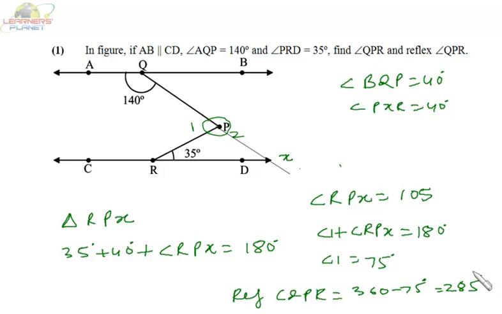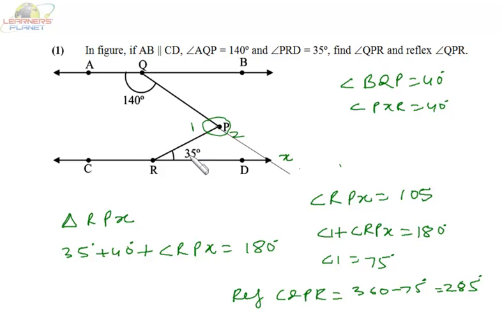Quite simple. Let me go for a quick recap. We are given these two angles. This angle and this angle are alternate interior angles, and these two are a linear pair. So if it is 40 degrees, this will also be 40 degrees. Then we can see triangle RPX here.